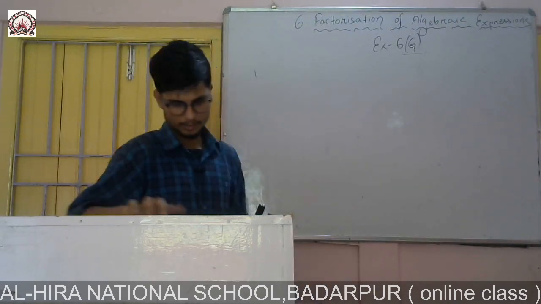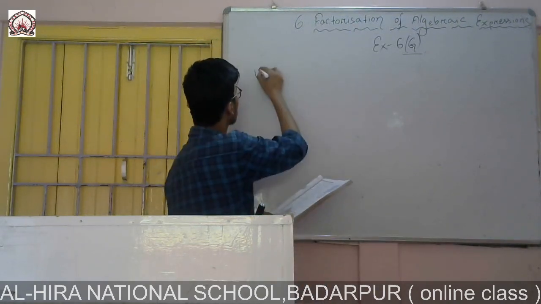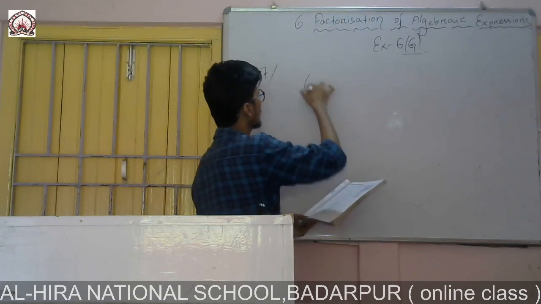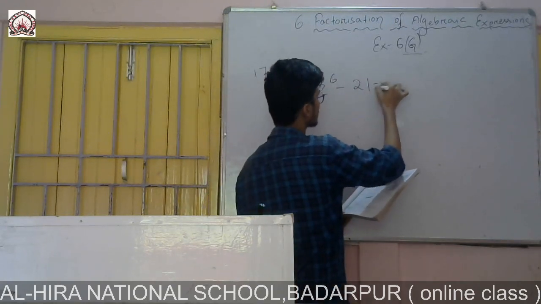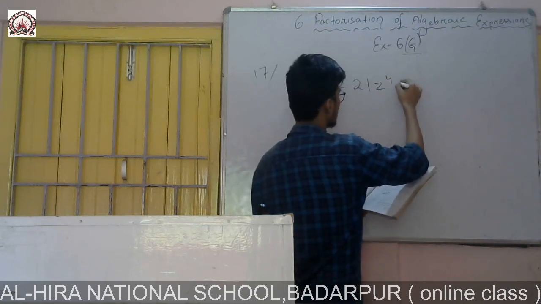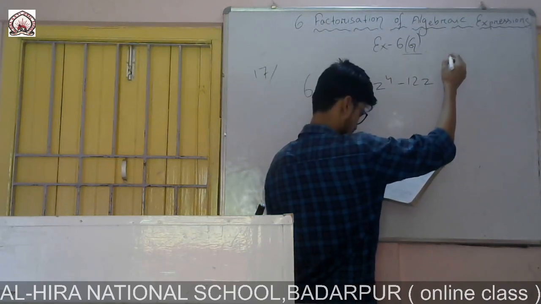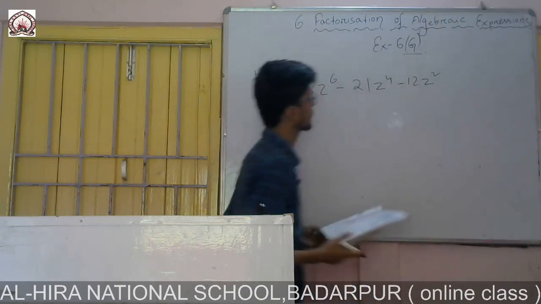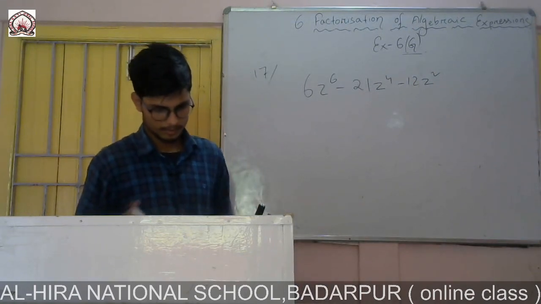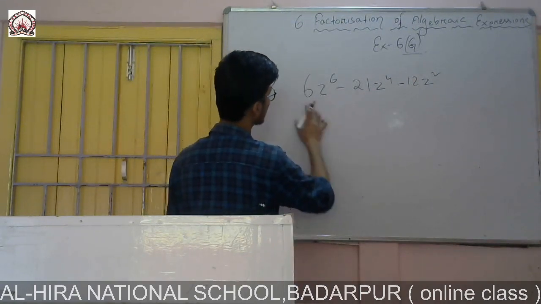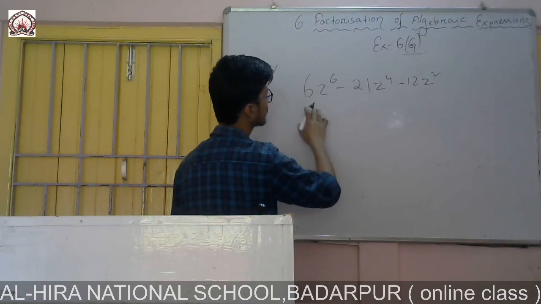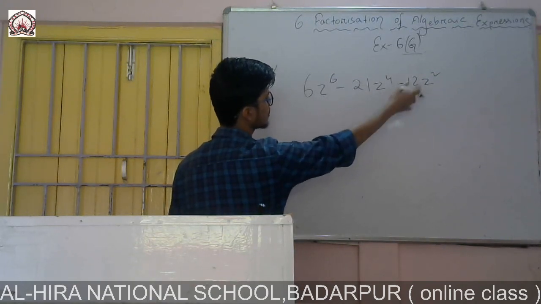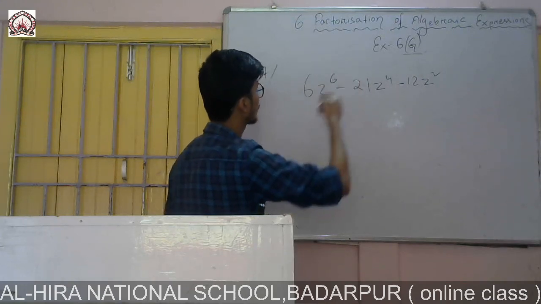So question number 17, you see it is 6z to the power 6 minus 21z to the power 4, and at last it is minus 12z square. There also it is the same, all are multiples of 3: 3 2s are 6, 3 7s are 21, and 3 4s are 12.